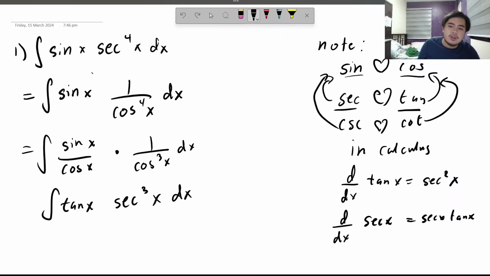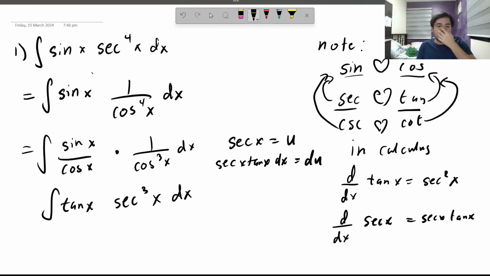So if we use secant x as the substitution factor, this means the derivative is secant x tangent x dx, which is du. Alright? So let's rearrange this together. Secant squared x here, and then secant x here. Oh, let me just put properly.